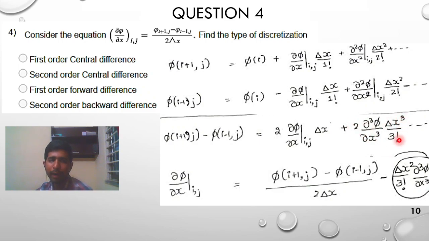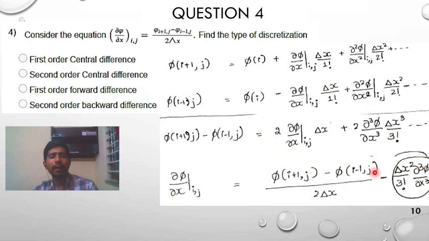Delta x cube by delta x will become delta x square, and delta x square by 3 factorial will remain. So the minimum truncation error has an order of 2. Understood? So what should be the order? Then it should be second order.